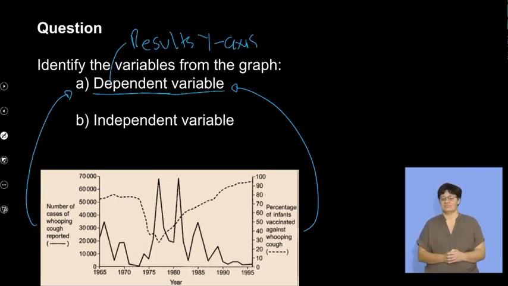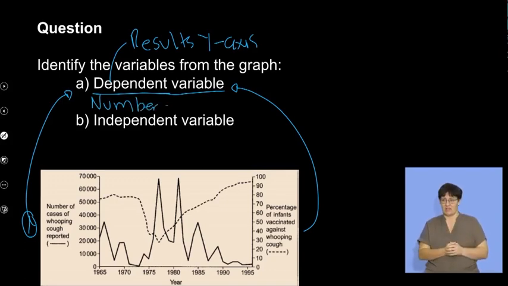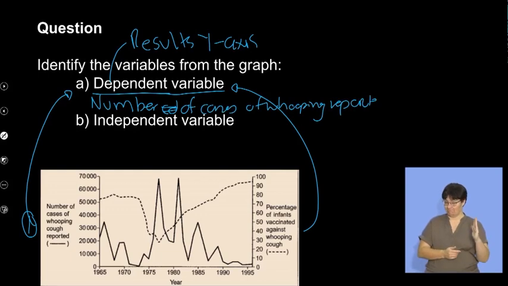So as I said, we have two. If we look at number one, I'm going to put number one on the side here, and write the whole description: number of cases of whooping cough reported. There we go. What's the next one?